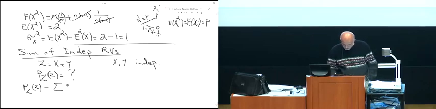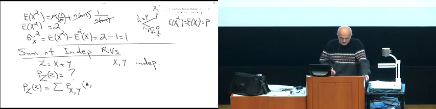I can write this as the set of joint PMFs where, say, if I tell you that random variable x is small x, and I'm going to sum over all possible values of x, what should y be for their sum to be z? What should I put here?